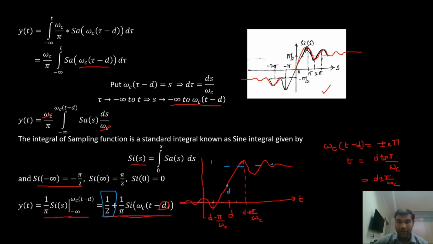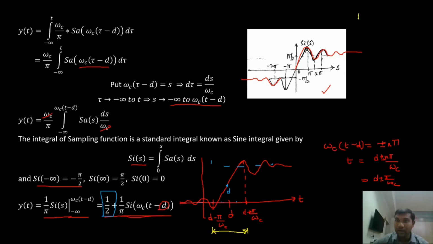So at this point I have the time value, and at this point also I have the time value. So what is my rise time? Rise time is the time taken for my signal to reach the final value from the initial value, right? That is from this point till this point. What is the difference between these two?